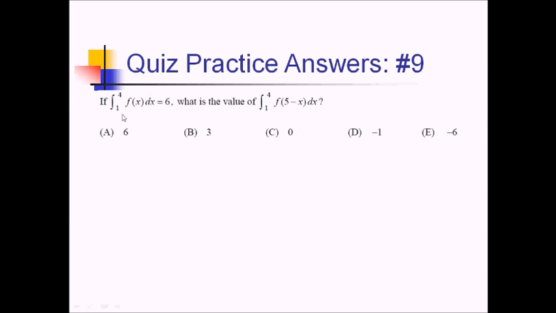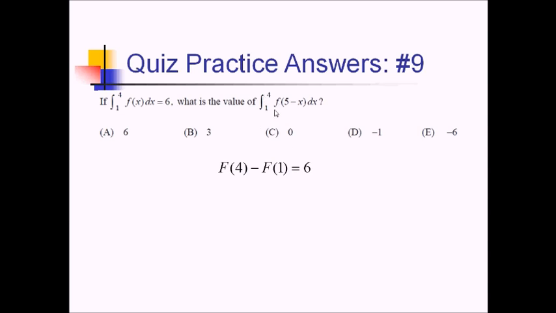So for this first one, the antiderivative of f is big F. So I've essentially got big F of 4 minus big F of 1. And we know that that equals 6 because they told us that integral is 6, and this is essentially doing what the integral does. That's not enough to do anything with at this point, but it might be useful later, so let's keep going. We're going to do the same and evaluate this next one.